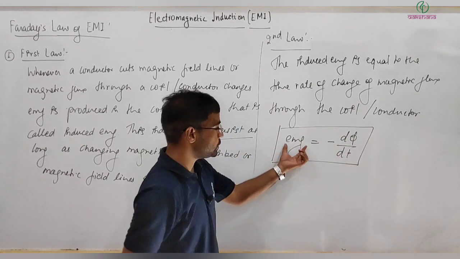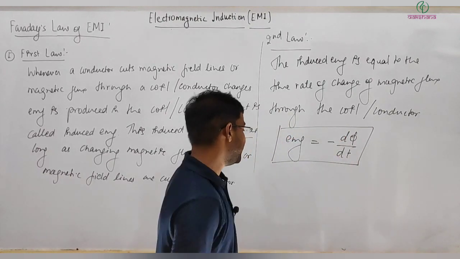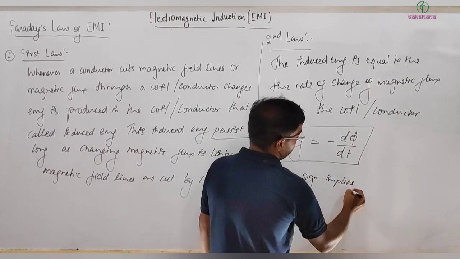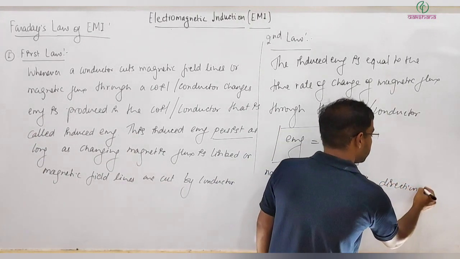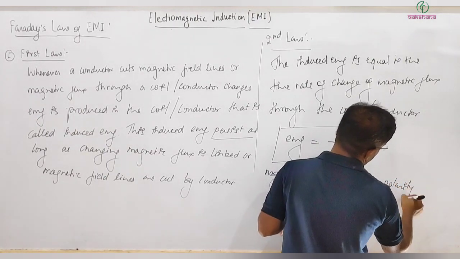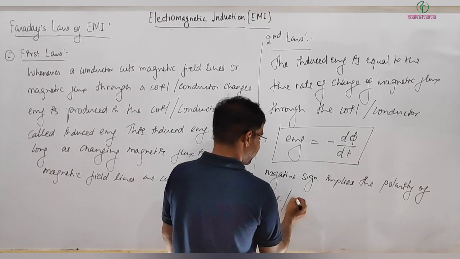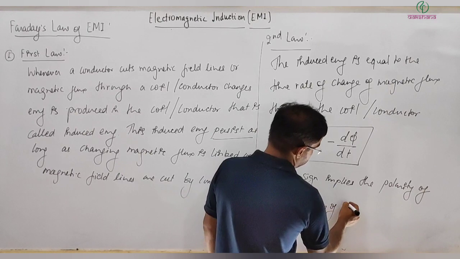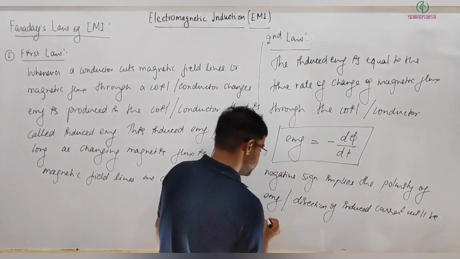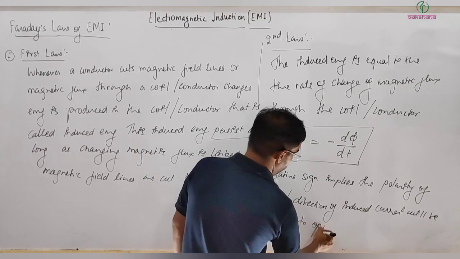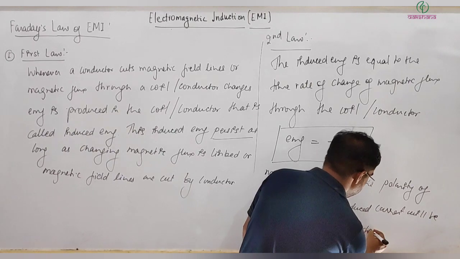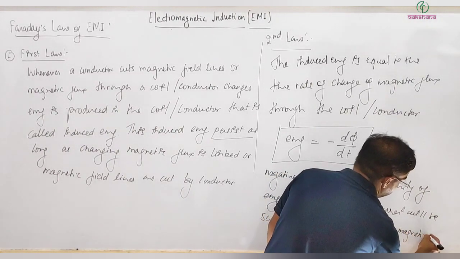So the magnitude of EMF is the time rate of change of magnetic flux, and the negative sign here implies the direction, meaning the polarity of EMF, or you can write the direction of current, will be such as to oppose the change in magnetic flux.